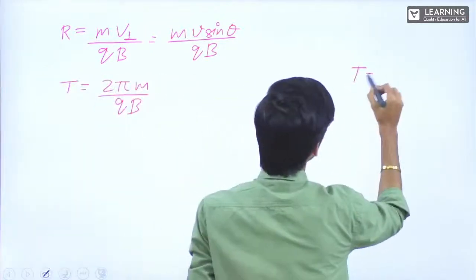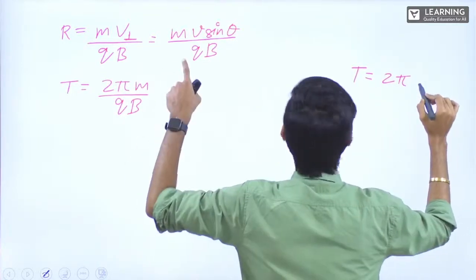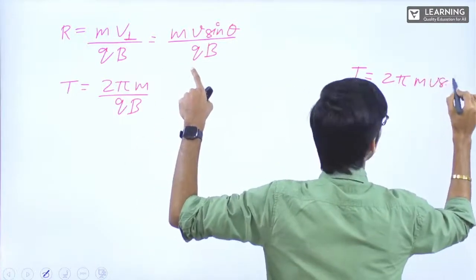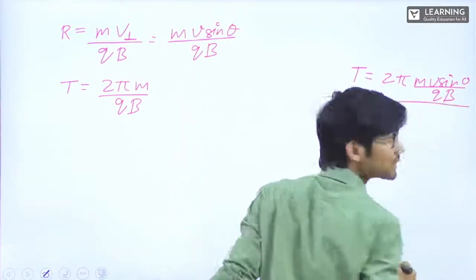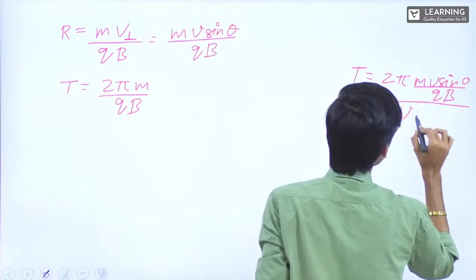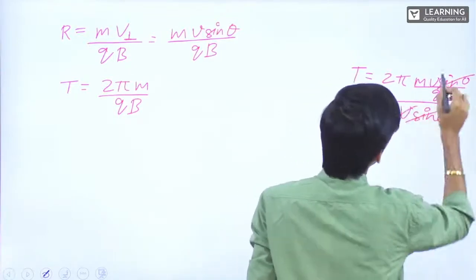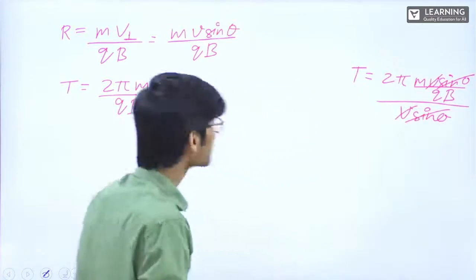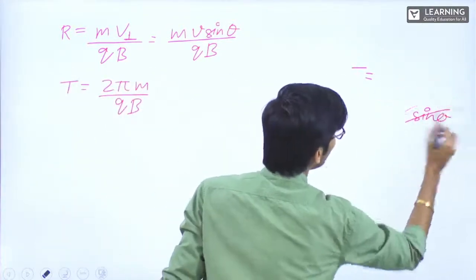See, T is equal to distance upon speed. Distance is 2 pi R, R is m v sin theta by qB. Speed is v sin theta. So you will get 2 pi m upon qB, the same. Time period is always independent of velocity.